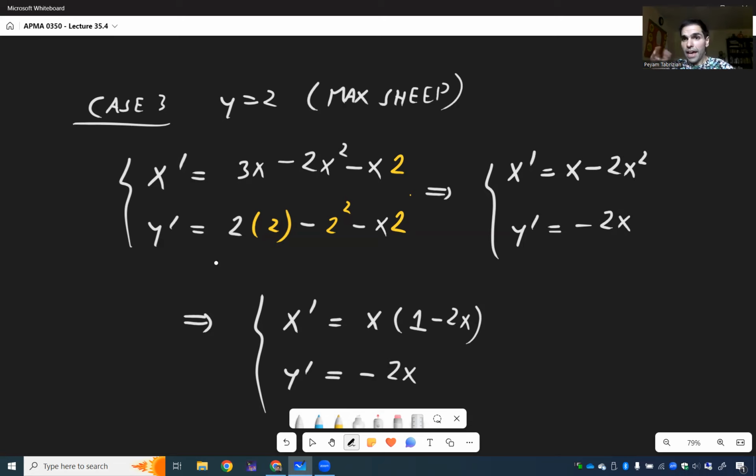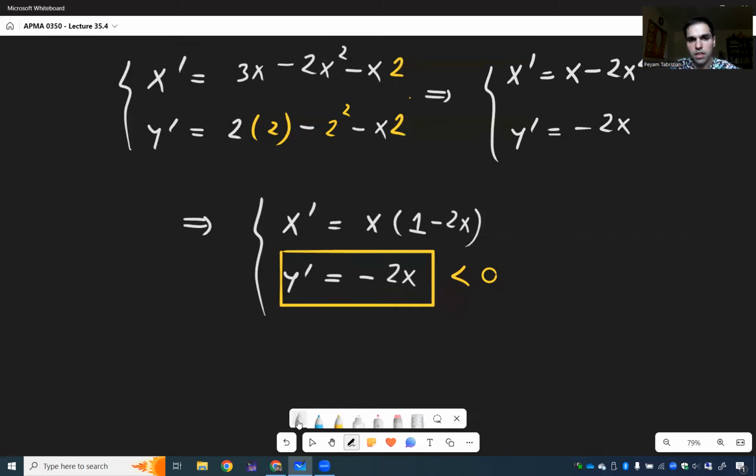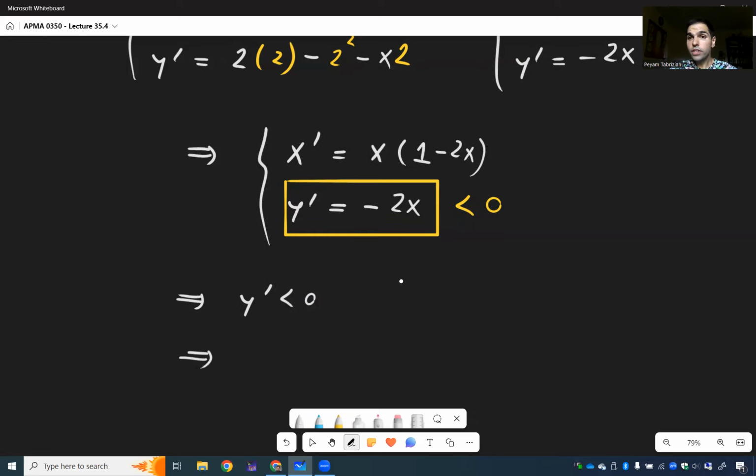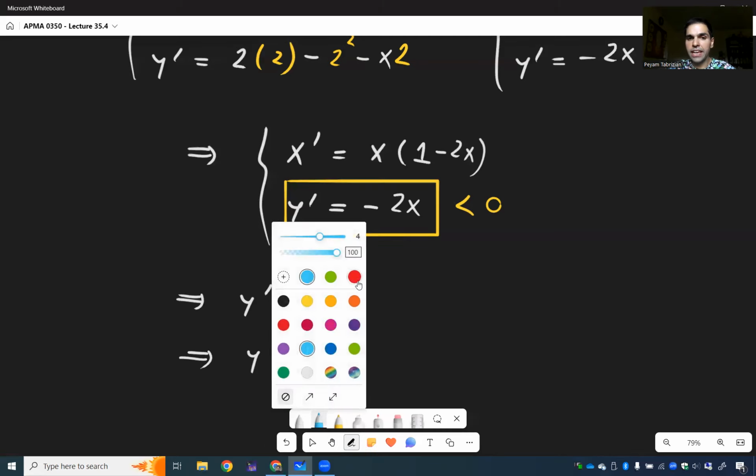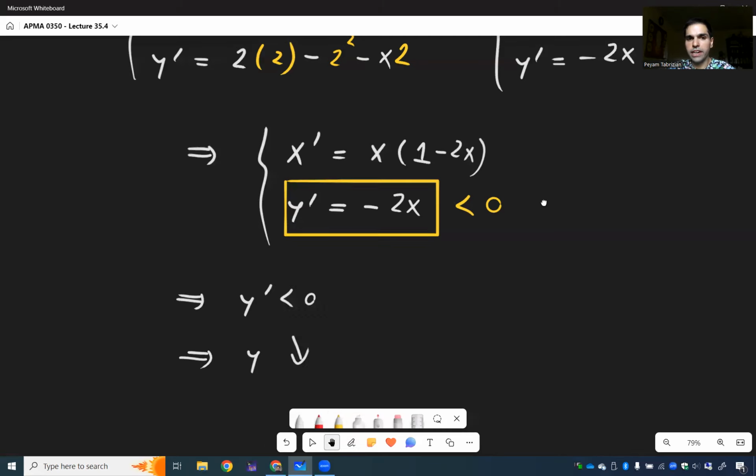Now, x prime is a little bit harder to study, but what's much easier to study is this y prime, because in this case y prime is negative, which really means here that y decreases. And in fact, we can put this on the picture above by just saying that the arrows point down.